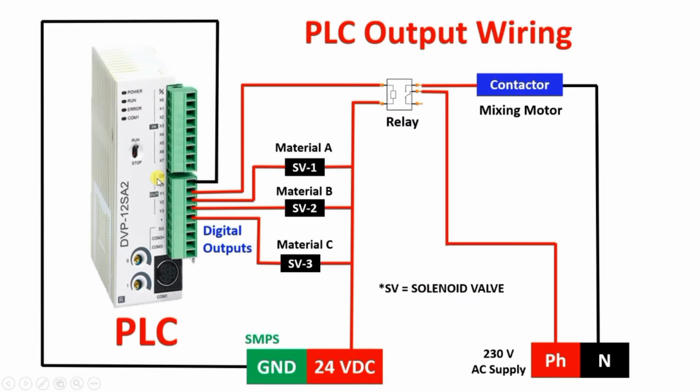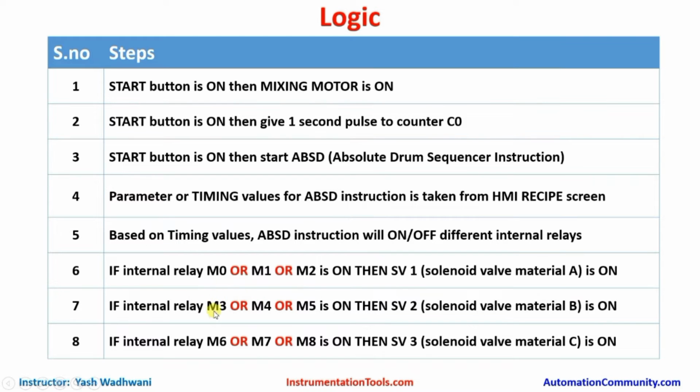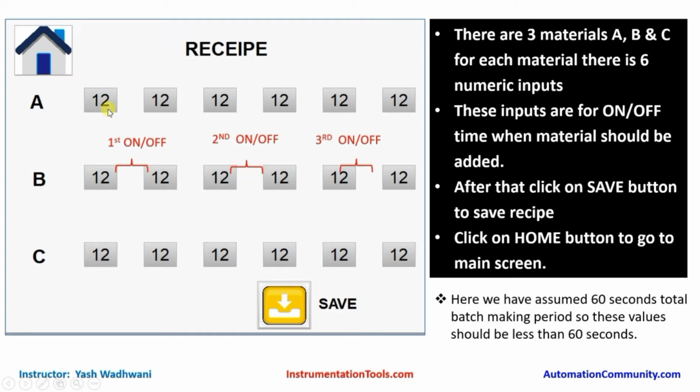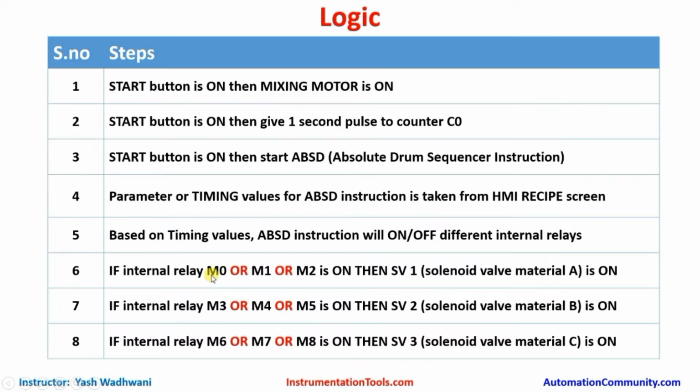That means this relay will be operated, and so this valve should be operated. In this way, because we have used 3 on-off times, 3 relays will be operated for each material. So from M0 to M2, this is used for the material A solenoid valve.